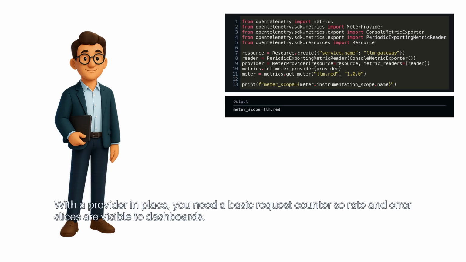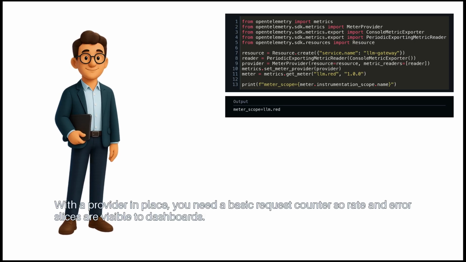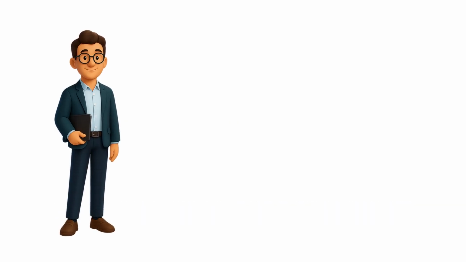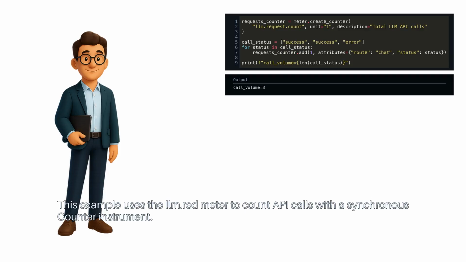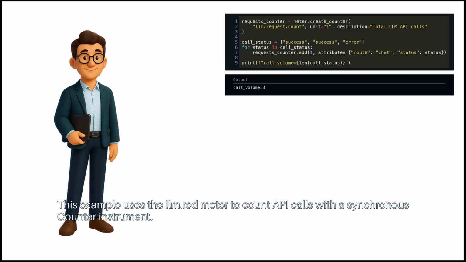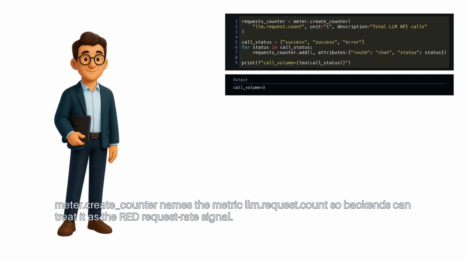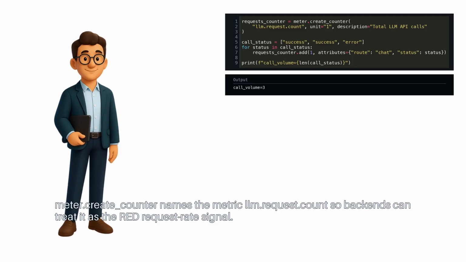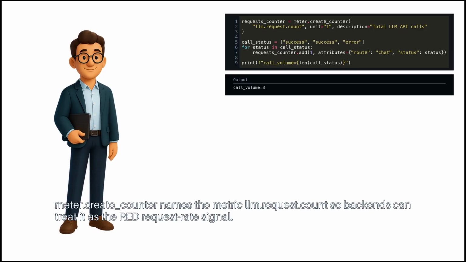With a provider in place, you need a basic request counter so rate and error slices are visible to dashboards. This example uses the LLM.RED meter to count API calls with a synchronous counter instrument. Meter.createCounter names the metric LLM.request.count, so backends can treat it as the RED request rate signal.